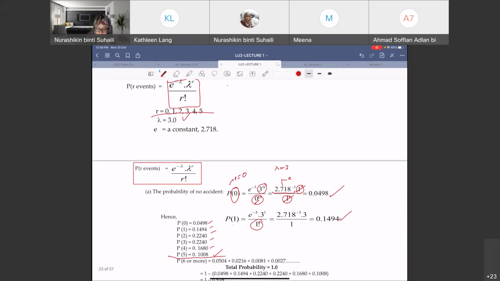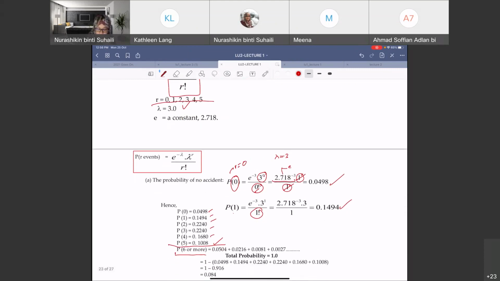For the binomial, it's still possible for us to, let's say, find the probability of more than 2, given n equal to 6. We can find P(R=3) plus P(R=4) plus P(R=5) until P(R=6). It is still possible because we know that n is equal to 6.